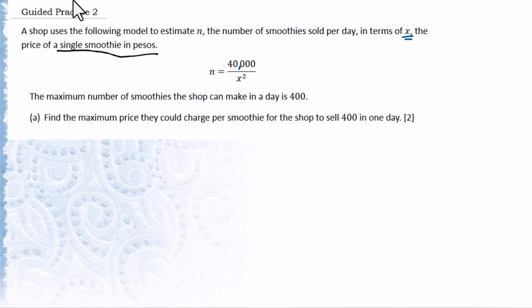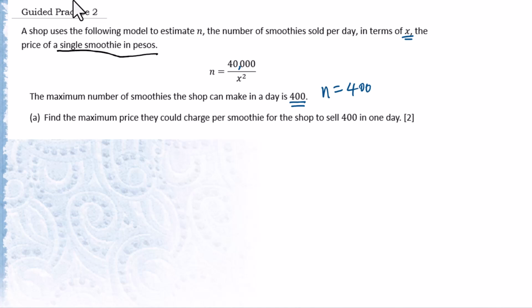The maximum number of smoothies the shop can make in a day is 400, which means n equals 400. Find the maximum price they could charge per smoothie for the shop to sell 400 in one day.